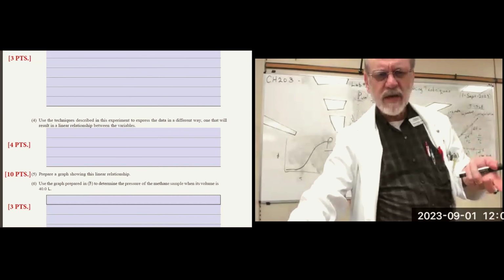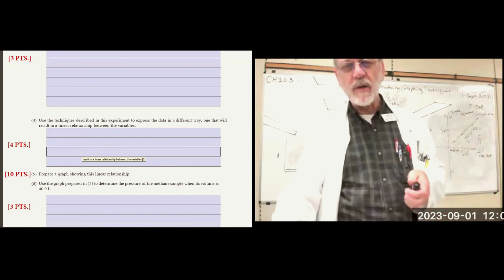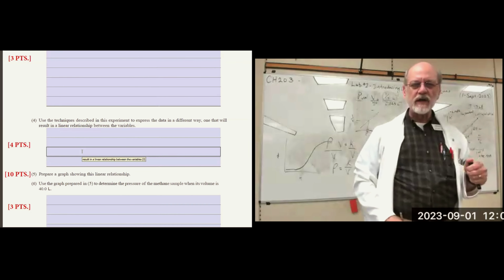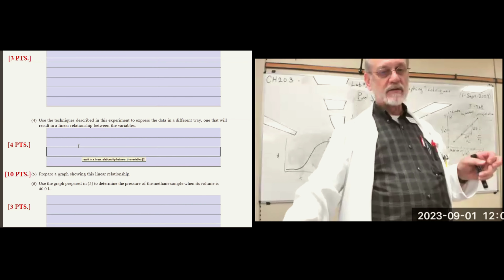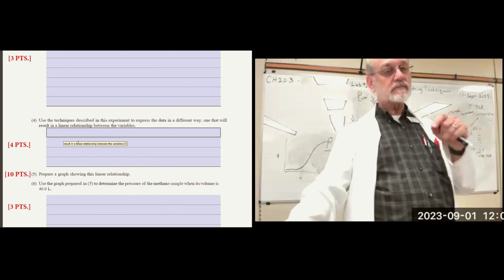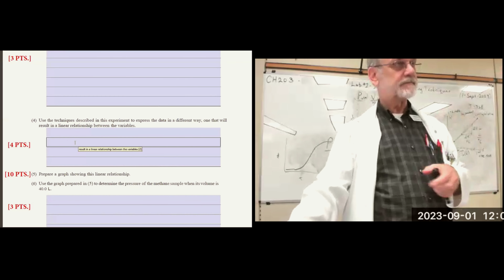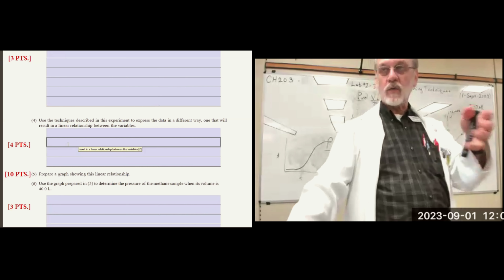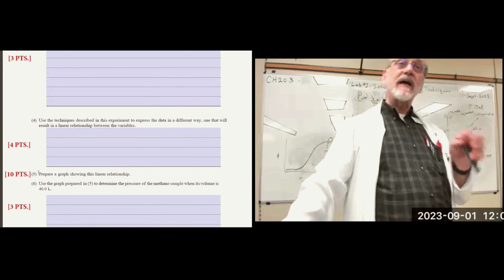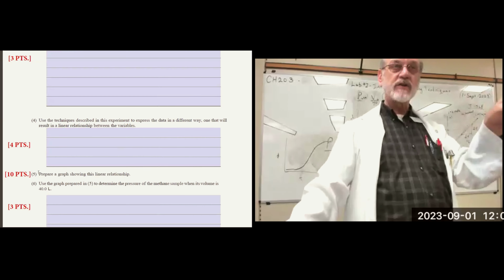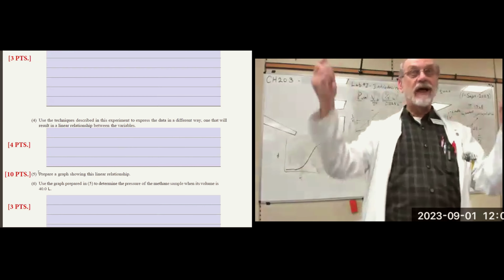And that's what the question down here is asking: use the technique described in this experiment to express the data in a different way, one that will result in a linear relationship between the variables. Right. So to answer that question, you just tell me that you're going to take the reciprocal of the volume and do it. Okay, that answers that question. And then parentheses 5 is one where you plot that data, pressure against 1 over V. And that gives you a graph with a straight line.